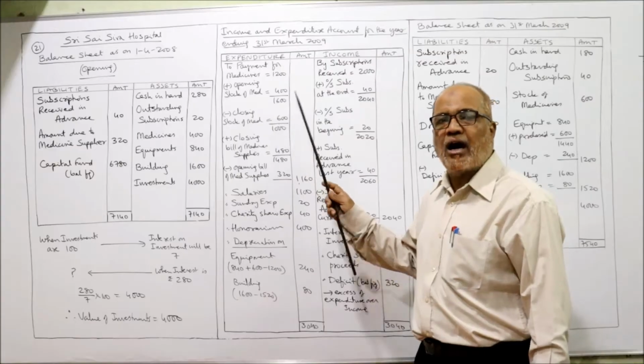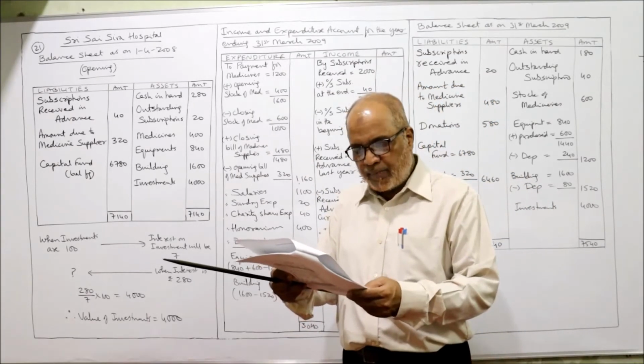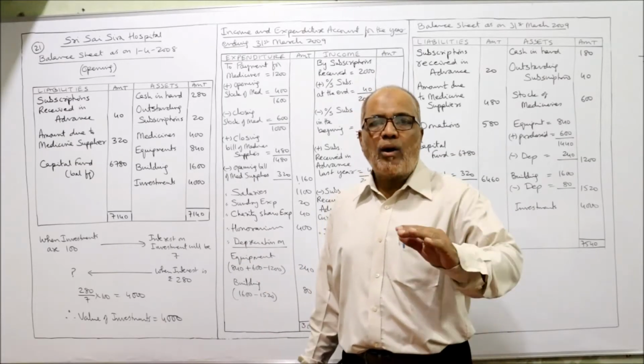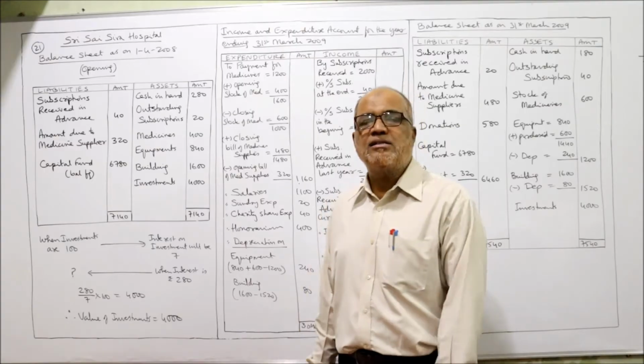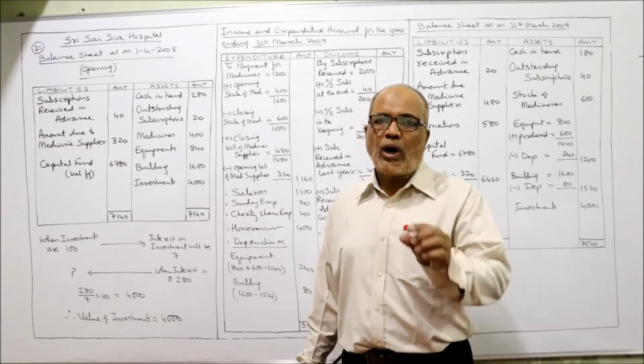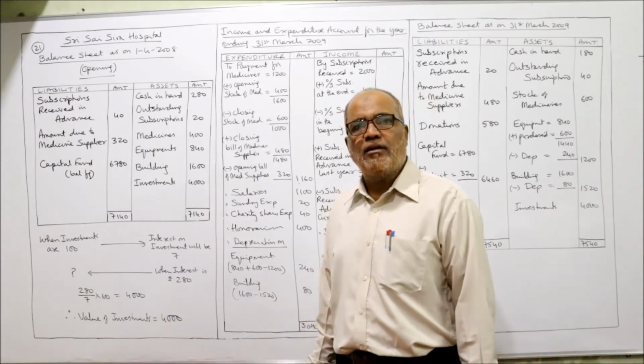So here you can see opening stock of medicines added and closing stock of medicine will be deducted. Apart from that, one more new point is given in this problem. Amount due to medicine supplier. These are creditors for medicine supplies. So outstanding creditors beginning of the year, outstanding creditors end of the year.